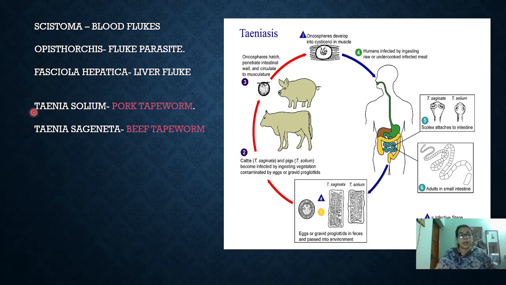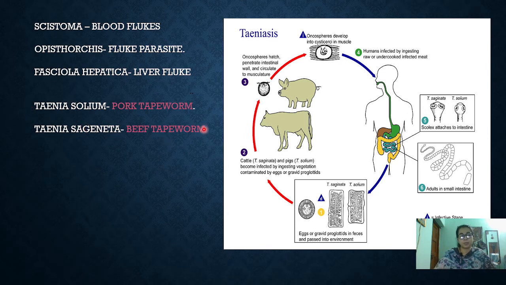And I have already told you that Taenia solium is known as the pork tapeworm. Why is it called the pork tapeworm? If the primary host is man and the secondary host is the pig, pig flesh is known as pork. So if the primary host is man and the secondary host is the pig, then the parasite responsible is Taenia solium.